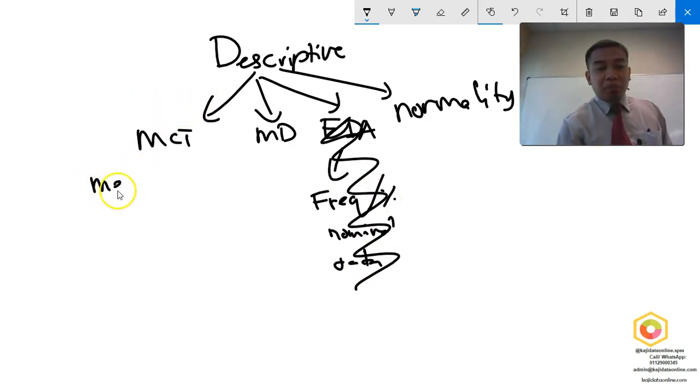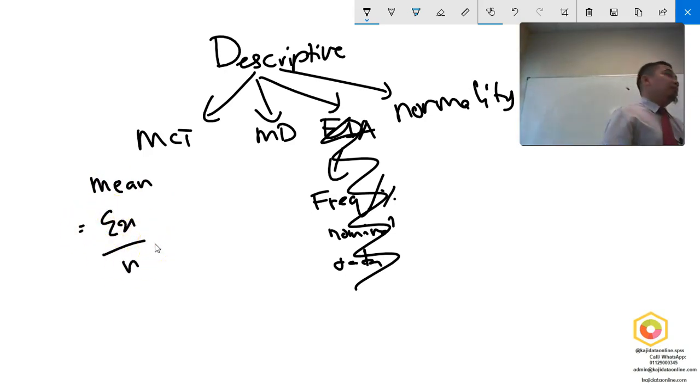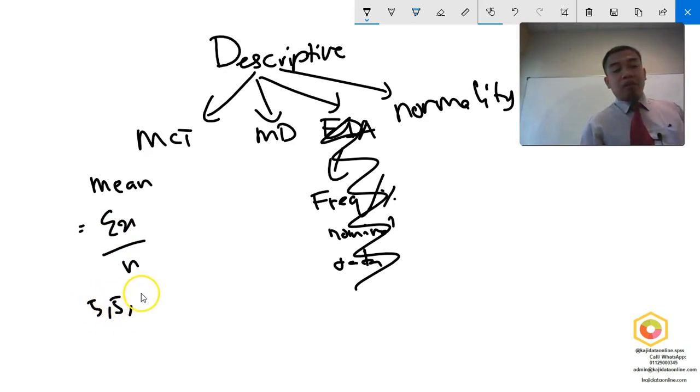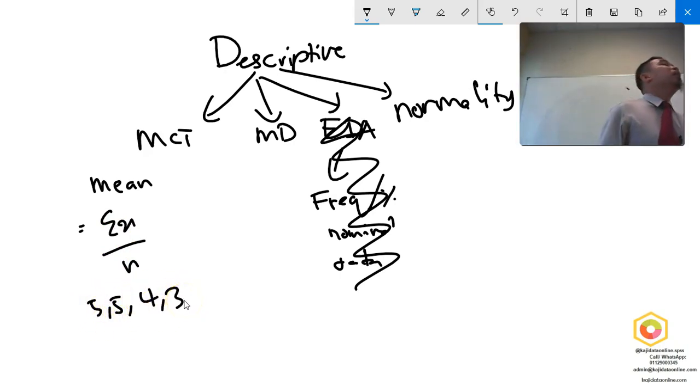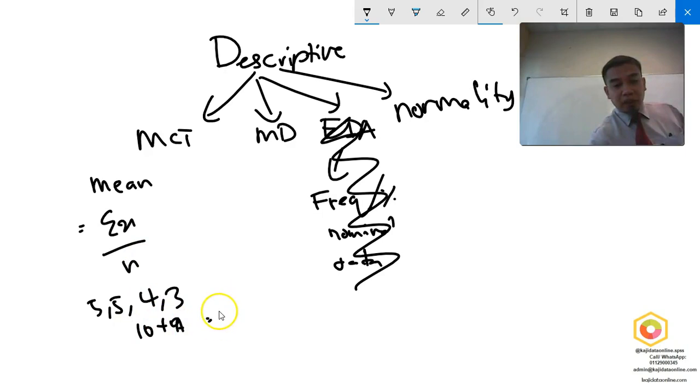Okay, the next one is the MCT. The first one is the mean. The formula for the mean is as follows: the sigma of x divided by n. The sigma of x means the sum total of your x, divided by the n. For example, I have 4 numbers: 5, 5, 4, 3. So what is the mean? You total everything: 5 and 5 is 10, plus 4 is 14, plus 3, you get 17, right?